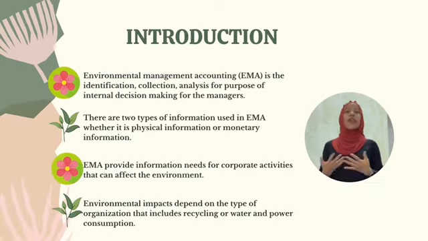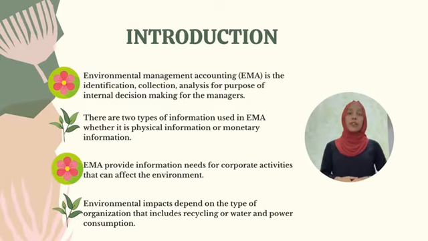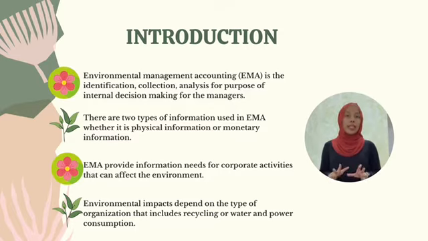Before we start, I'm going to give you a little bit of introduction about environmental management accounting or EMA. EMA is the process of identification, collection, and analysis for the purpose of making internal decisions for the management.